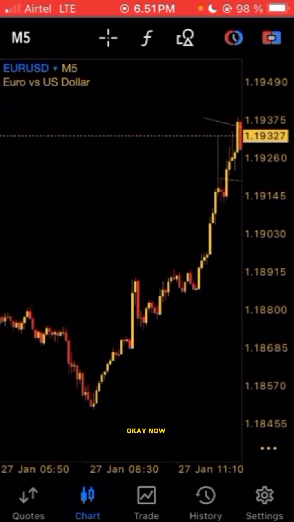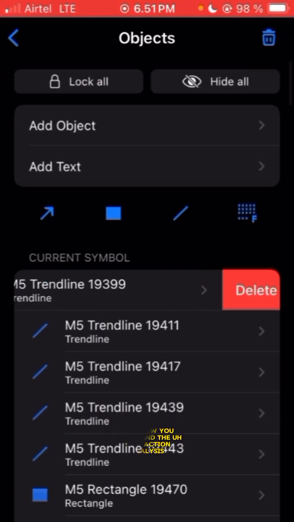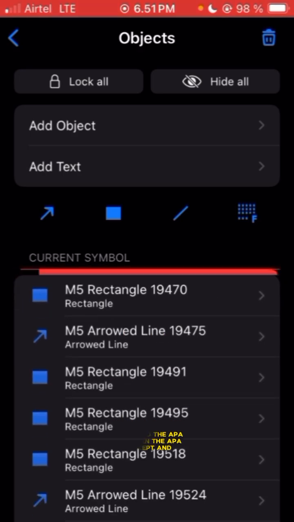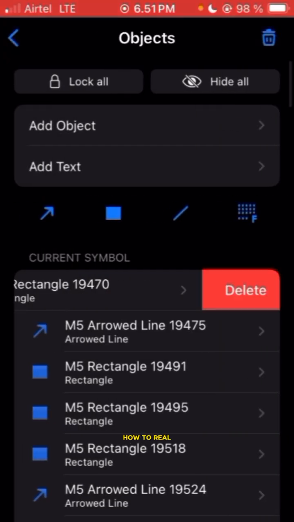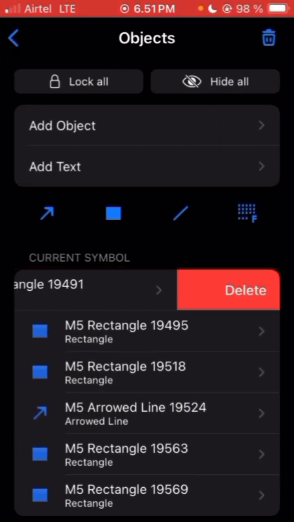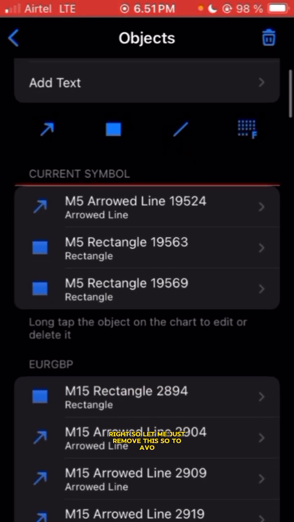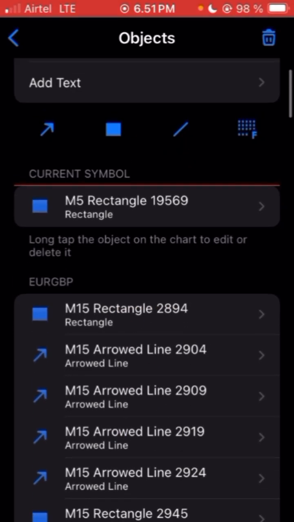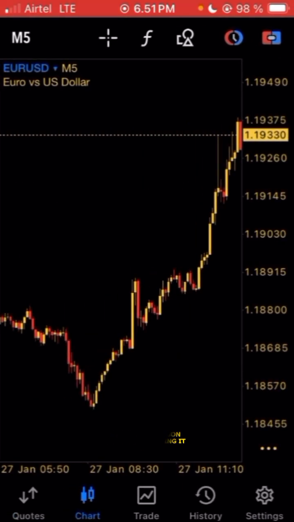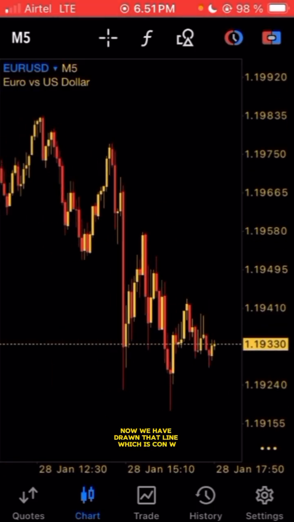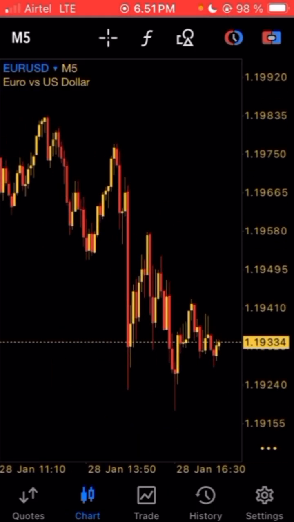Okay, now you understand the price action analysis. Let's go to the APA. What is in the APA concept, and how to really understand the entire APA concept in general, right? So let me just remove this to avoid confusion. Now, what is contained in the APA concept? The first thing is your line. We have drawn that line, which is the trend line.